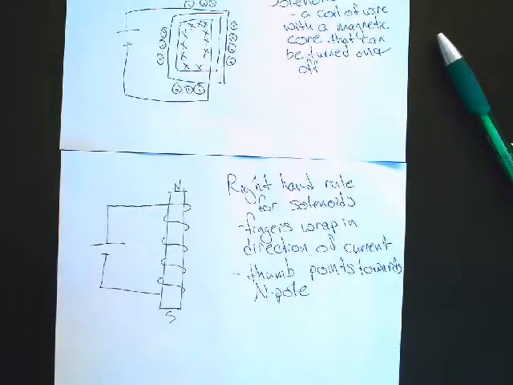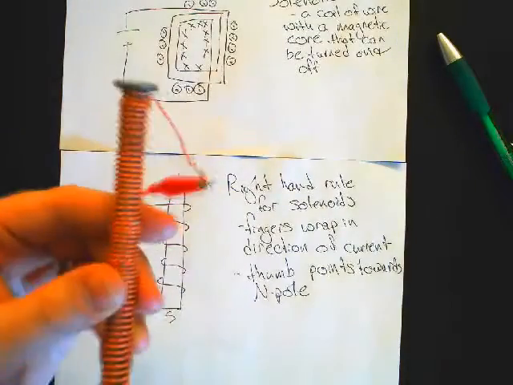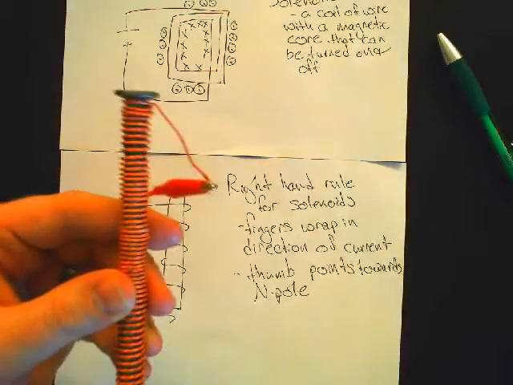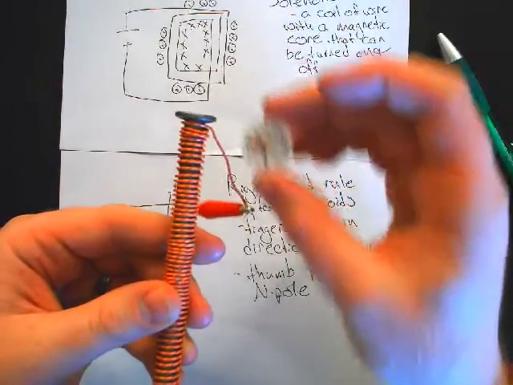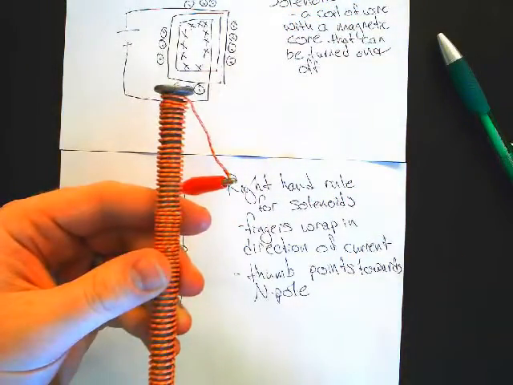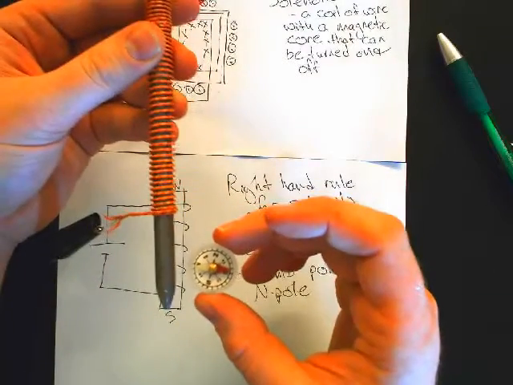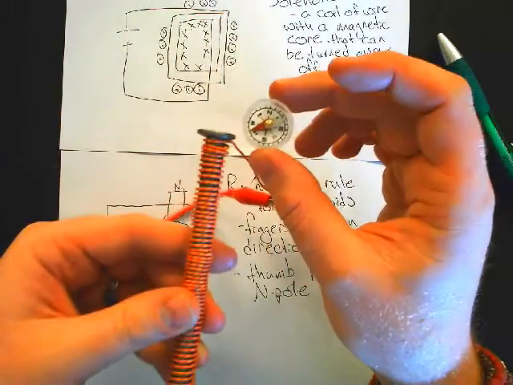This is a much stronger magnet. I'm turning this on, and that's my S pole, so my red side's pointing towards it. This is the N pole, so the white side's pointing towards it.